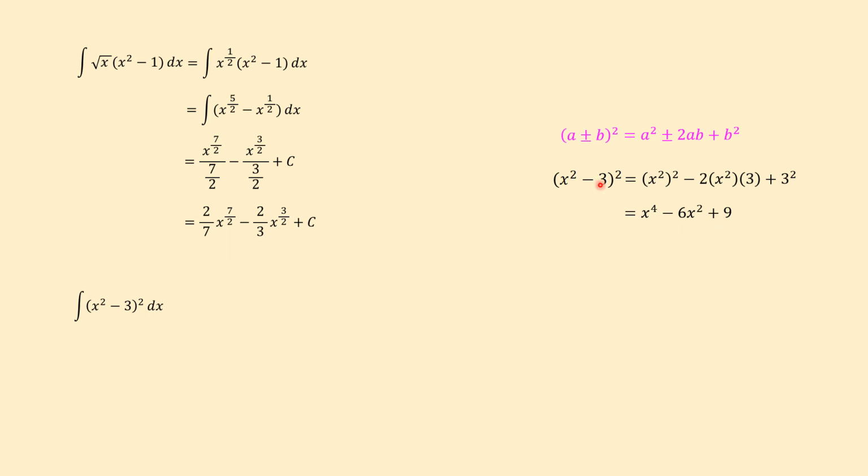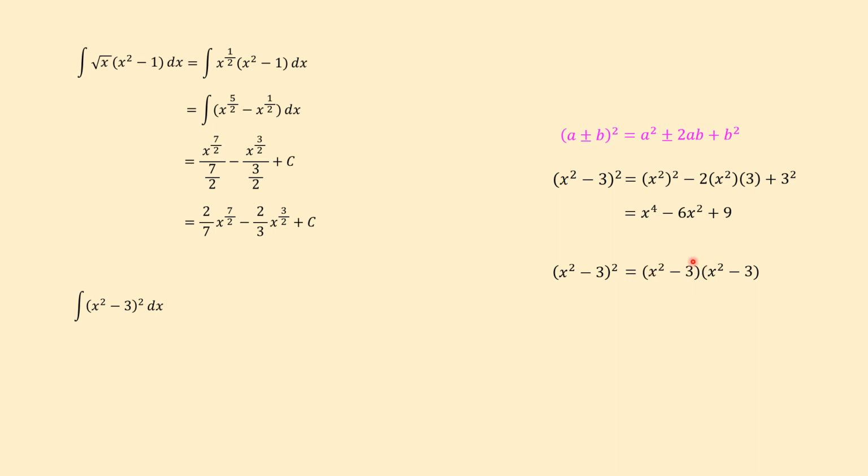Let me show you how you can rewrite this expression in this form without using this identity. Maybe some of you prefer not to memorize this identity. (x to the 2 minus 3) to the 2 means (x to the 2 minus 3) times (x to the 2 minus 3). In general, we know that power 2 means multiply the expression by itself. And so (x to the 2 minus 3) to the 2 is (x to the 2 minus 3) times (x to the 2 minus 3).